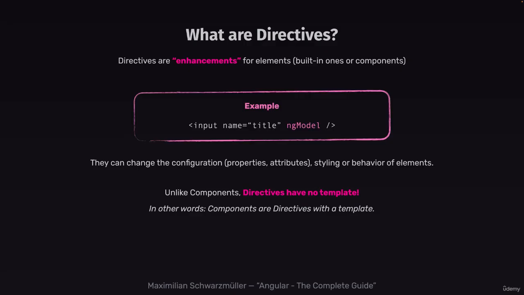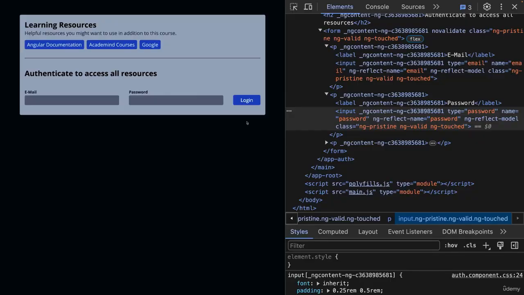Because, as I mentioned before on this slide, you could also use ngModel without two-way binding if you don't need that feature to, for example, still get these dynamically managed CSS classes, which you could use for dynamically styling these inputs, depending on whether they hold valid values and the user has interacted with them. But again, that is something we'll take a closer look at later in this course.